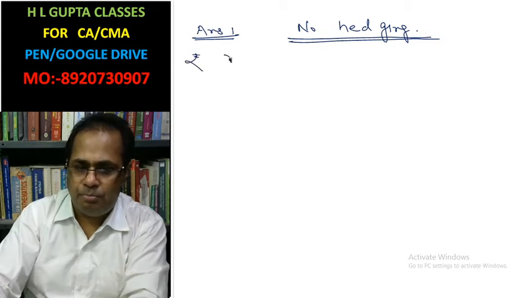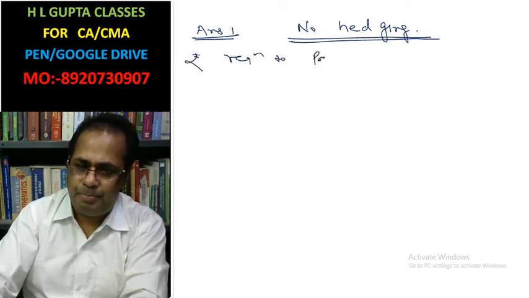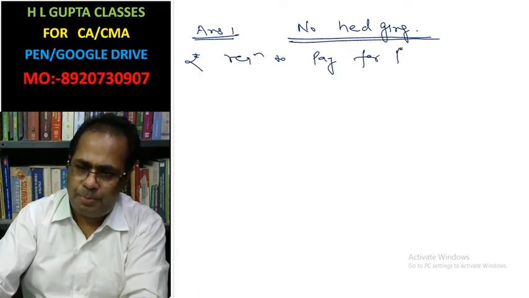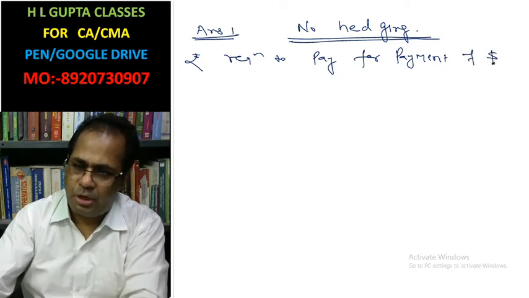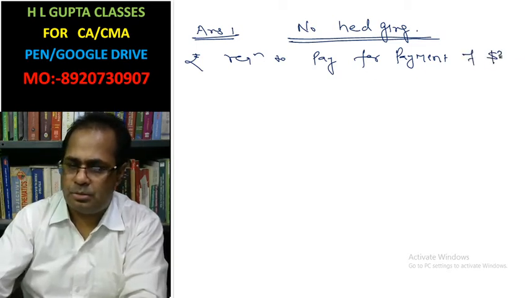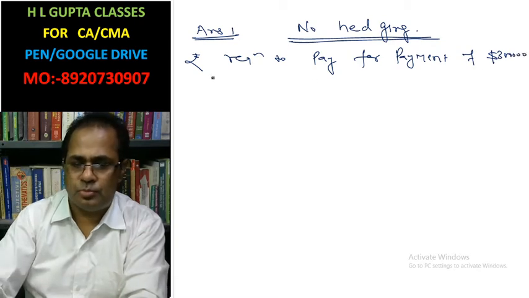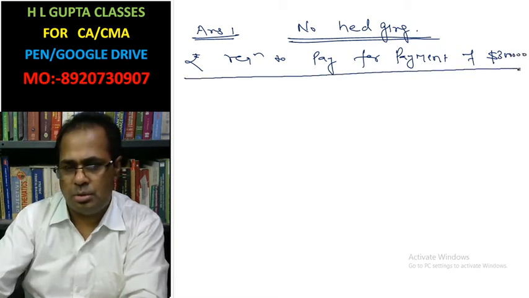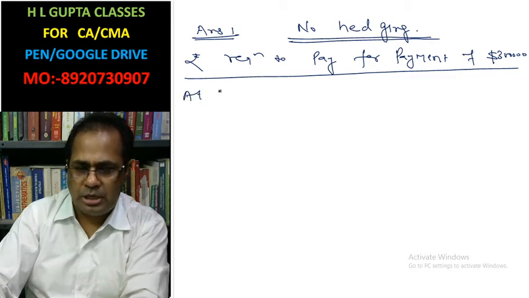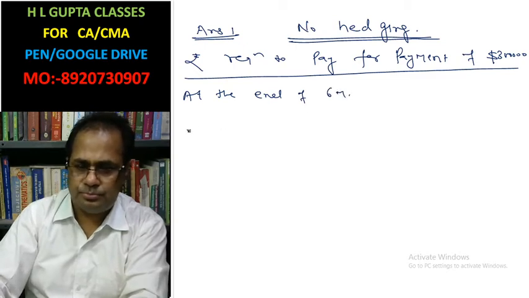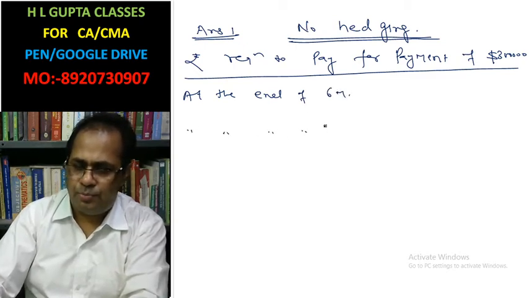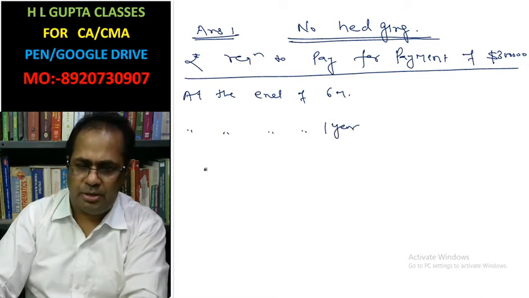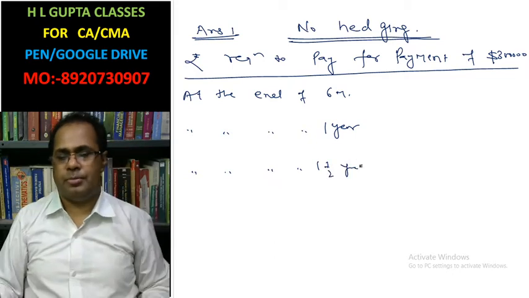Rupees required for payment of $3 lakh at the end of 6 months, end of 1 year, end of 1.5 year. Please try to understand.